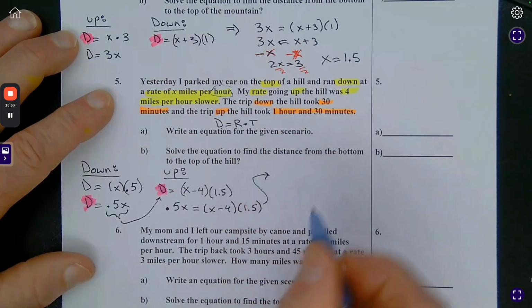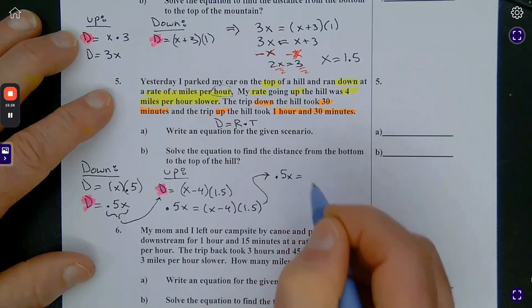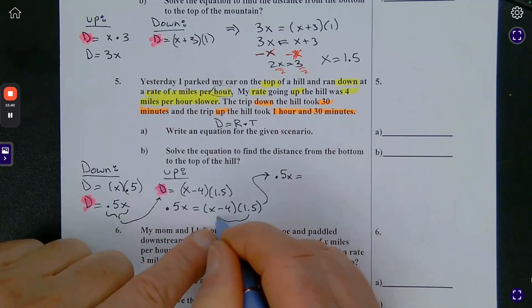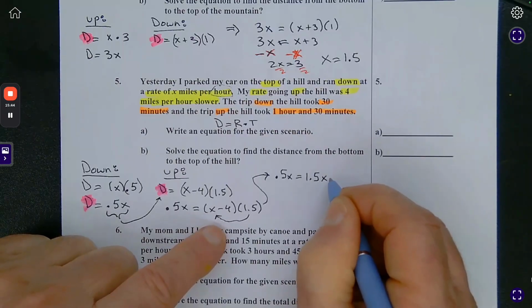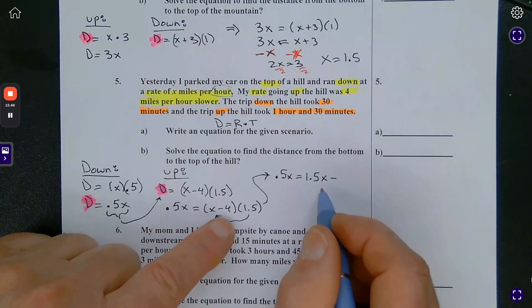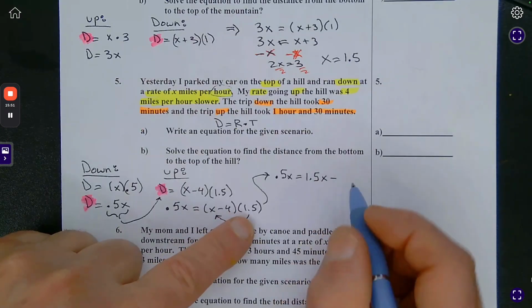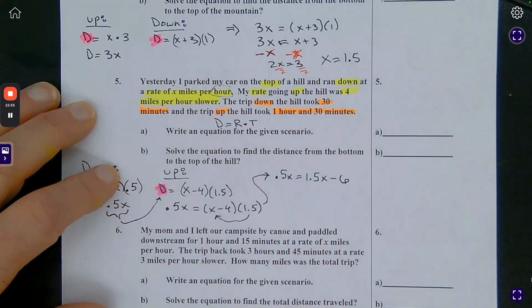Okay, let's solve this. We have distribution here, so we're going to have to deal with that distribution. 1.5 times x is 1.5x. First of all, negative times a positive is negative. And 4 times 1 is 4. 4 times 0.5 is 2. So 4 times 1.5 is 6.